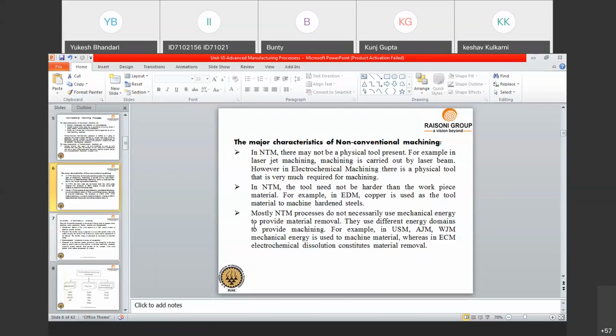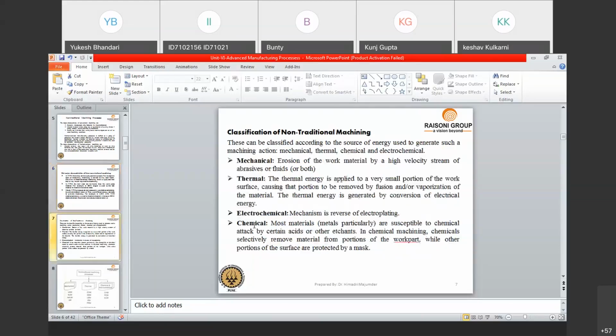In LBM or laser jet machining, we use laser beam, laser energy source. In WJM, the water energy source we use. In abrasive jet machining, we use abrasive energy source, which is a kind of mechanical energy source. Like ECM, we use chemical energy source for machining. So these are the differences between conventional machining process and non-conventional machining process.